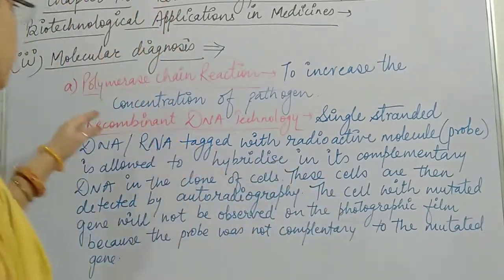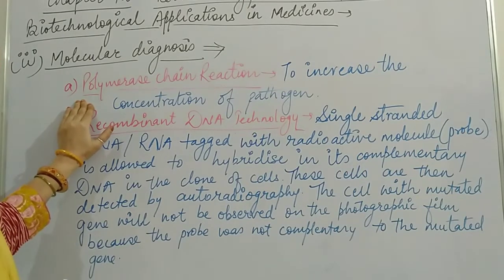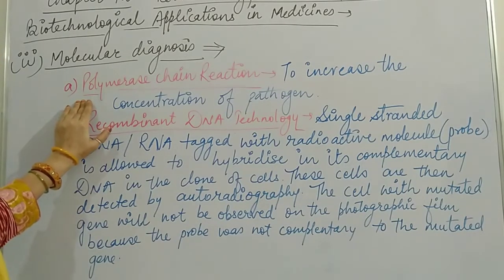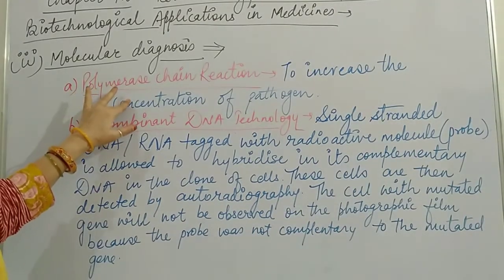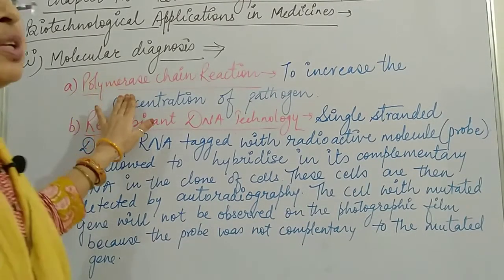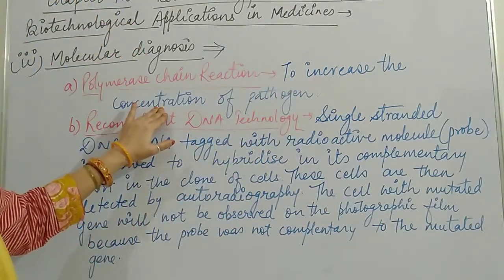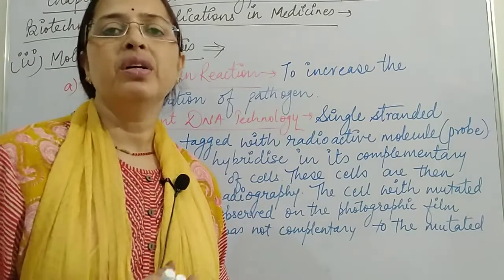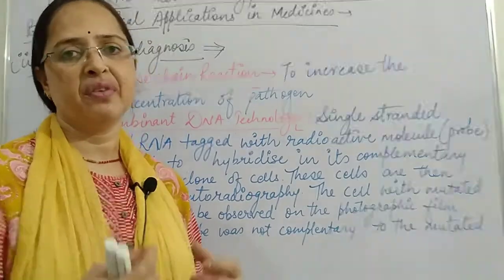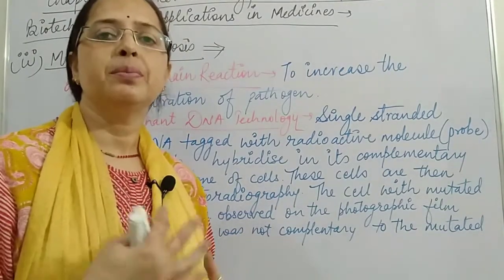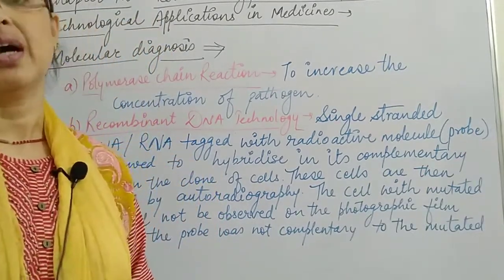First of all, we look at the polymerase chain reaction. We already know how it occurs, as we studied it in the previous chapter. So what is polymerase chain reaction? I'm not going to explain it again, but PCR is done to increase the concentration of the pathogen, because in normal blood the concentration of pathogen is very low, and to detect whether the person is suffering from the disease before the symptoms appear.